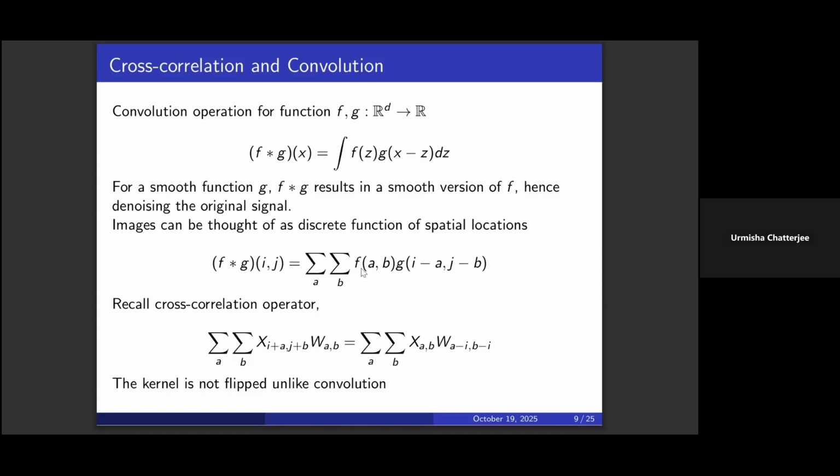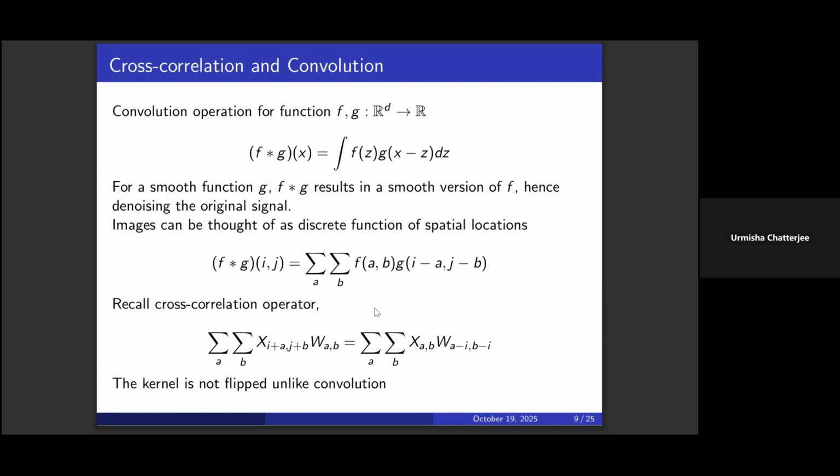Here it is. If we recall the purpose of the cross correlation operation, we want to find a smooth version of an input image. So our input image is like the signal, and the kernel that we consider is the smooth signal. The cross correlation operation we write similarly, considering f is x, the input image, and g is w, the kernel weights.